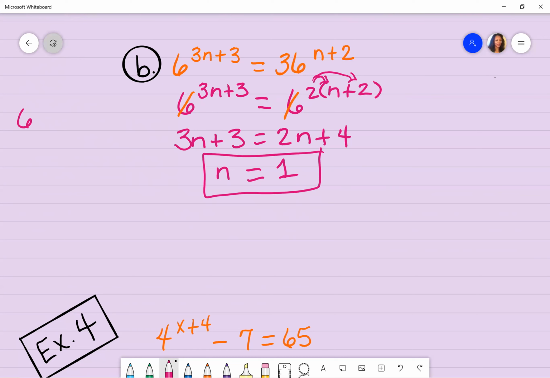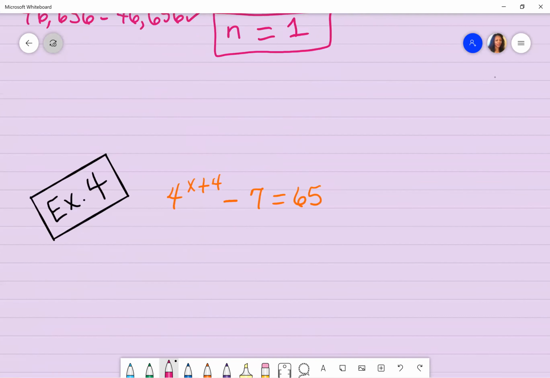So 3 times 1 is 3, plus 3 is 6, and then 36 to the 1 plus 2, 36 to the third power. And in my calculator, if I were to put that in there, it's going to be 46,656 for 6 to the sixth power, and the exact same thing for 36 to the third power, which means I can use n equals 1.